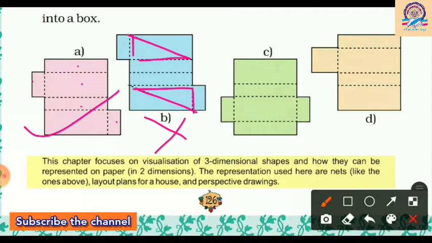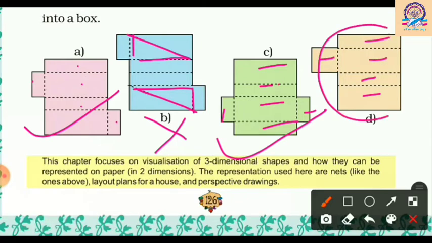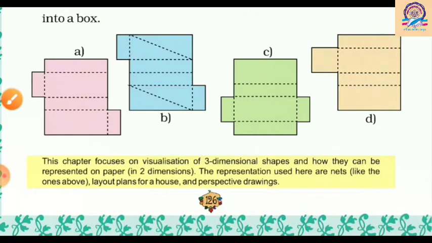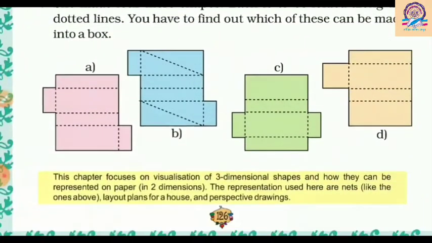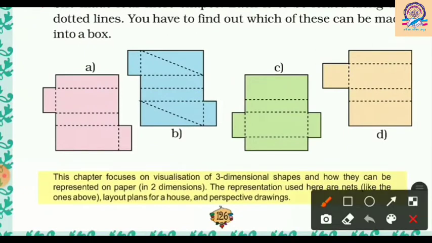Now going on to the C paper cutout, as you can see here, it has 1, 2, 3, 4, 5 and 6 faces and all are rectangles, so this can be made into a box. And for the D cutout, it has only 5 faces, so we can say that it cannot be converted into a box. So here we have identified that A and C can be converted into boxes.